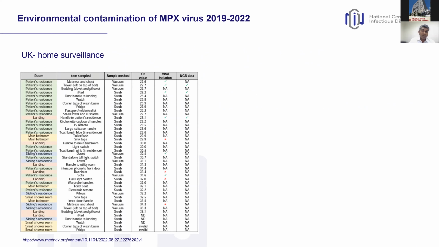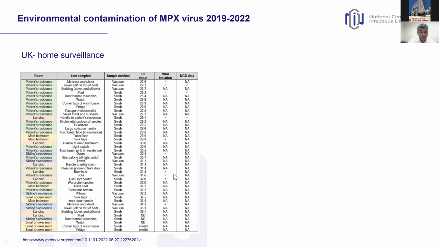This was based on 2019 data, but just now in medRxiv. So we can see that it's from the UK, home swabbing data, and you can see the virus isolation. There's viable virus isolated from the mattress, towel, iPad, handle, patient's residence, duvet, sofa, etc. And there's extensive contamination.